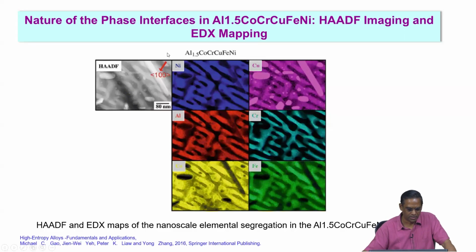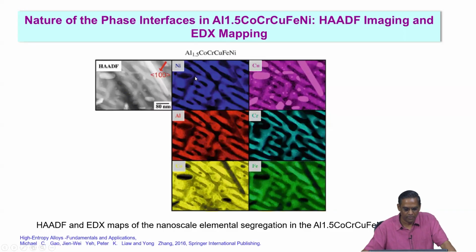Look at this first, the HAADF image, before you look at the EDS maps. The HAADF image has some needle type of precipitates and some kind of interdendritic structure, right? That is how first we have to look at the HAADF, and then look at the chemical maps, where they appear similar and where they appear different.